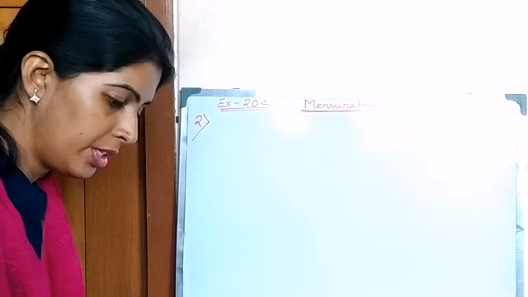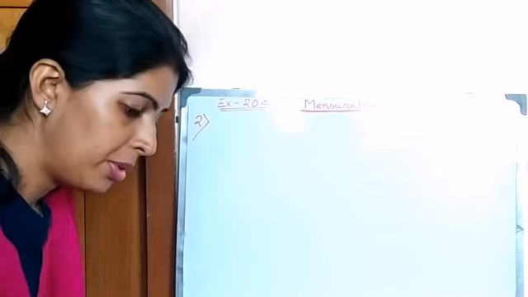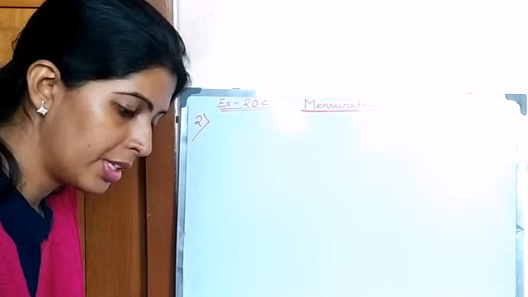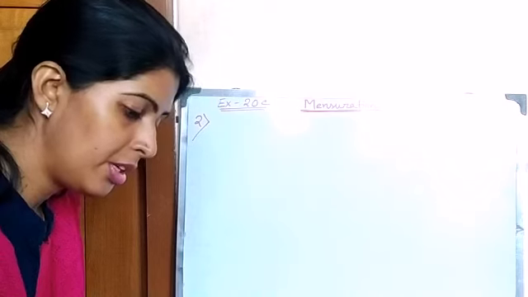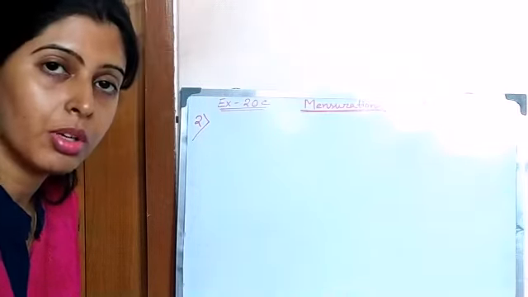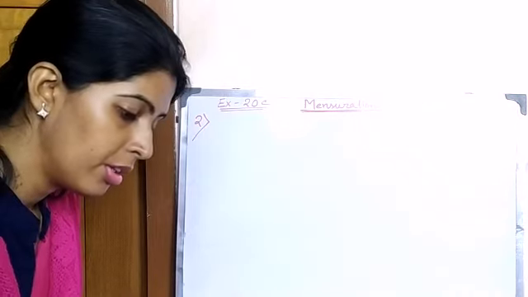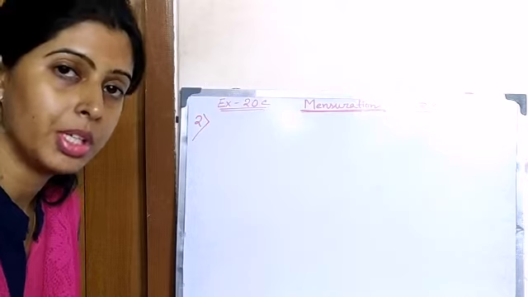Here the question is, the base of a parallelogram measures 1 meter 60 centimeter and its height is 75 centimeter. Find its area in meter square. So area is asked in meter square, that's why every measurement will be converted into meter.